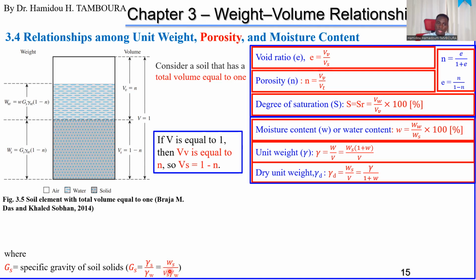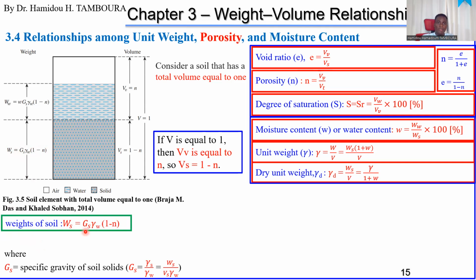But in our case here, Vs is not 1. Vs this time is 1 minus n. You see? So the weight of solid will be Vs, 1 minus n, multiplied by gamma w multiplied by Gs. That's what we have here. See? So Gs times gamma w times (1 minus n). We have the weight of our soil. Very simple, right?